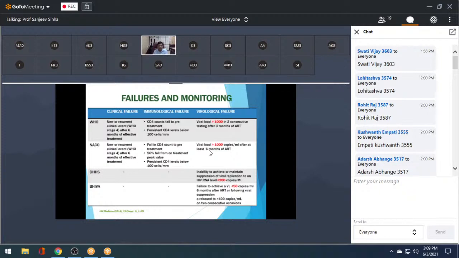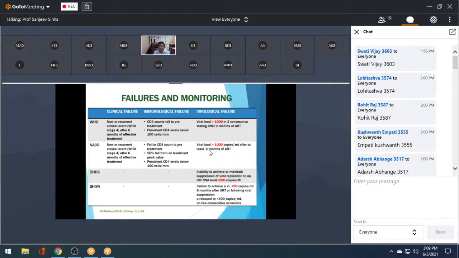Or the patient is having a 50% fall from the on-treatment peak value, or there is a persistent CD4 level below 100 cells per millimeter. So there are three kinds of immunological failure that are very important to understand: a fall in CD4 count to the pre-treatment level, a 50% fall from on-treatment peak value, and persistent CD4 levels below 100 cells per millimeter.